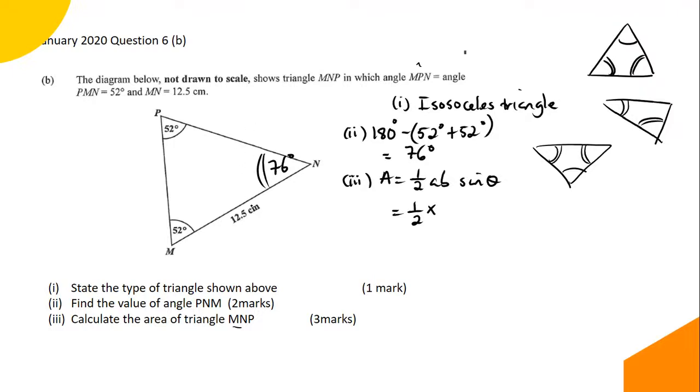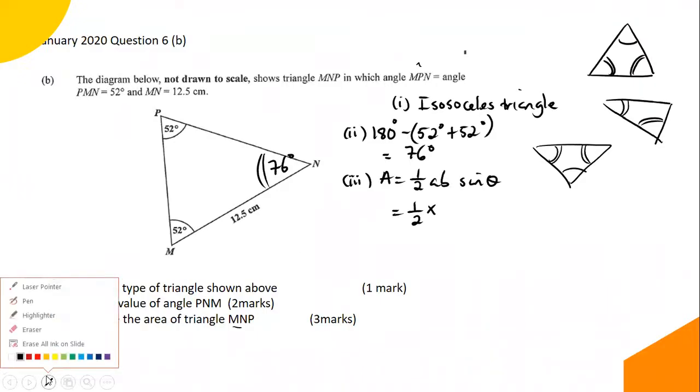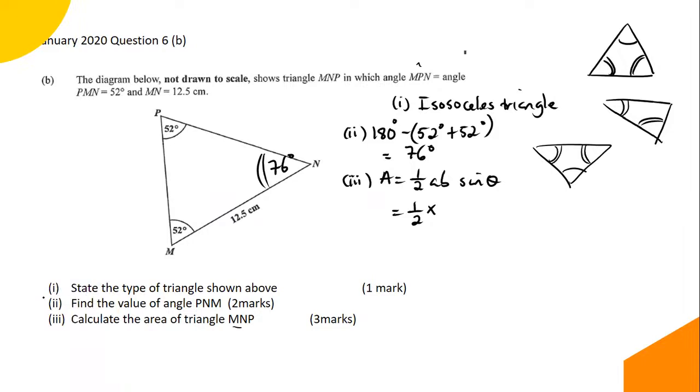Okay, now in this question they told us that the base angles are equal. Now since the base angles are equal, these two sides are also equal in an isosceles triangle. So since here is 12.5, this length is also 12.5 centimeters.